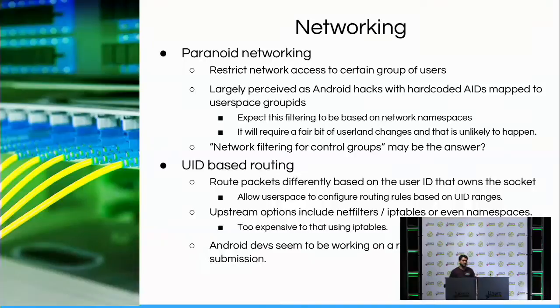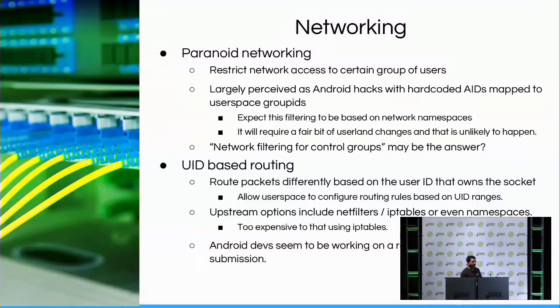So this particular patch may never go upstream in its current state. Recently, I read an article on LWN about network filtering for control groups. I may not have understood it in that much detail, but I think that is something we can use to do network-based filtering based on control groups. So maybe someone will look at that.